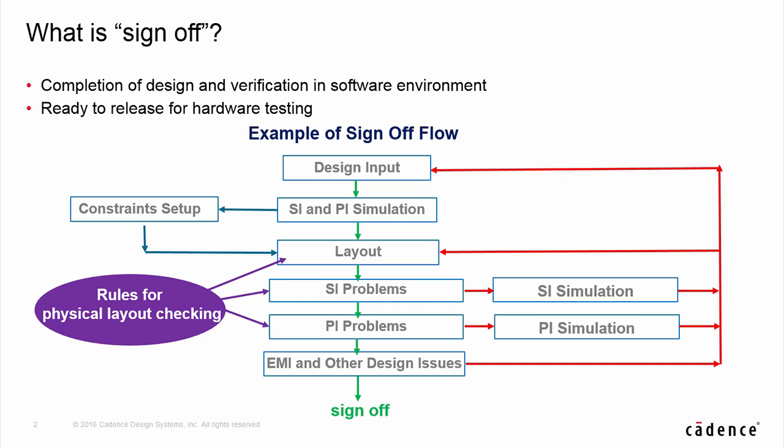The question here is, does this type of flow satisfy today's high-speed design requirements? Or can this type of flow identify or correct all possible design issues and give high confidence to designers about the success of their product?